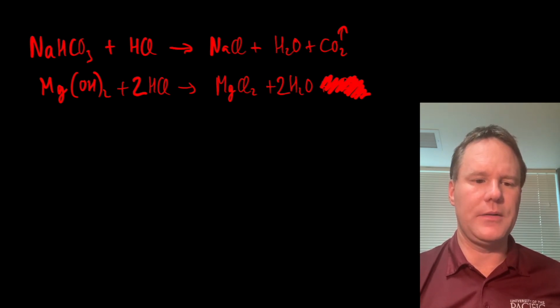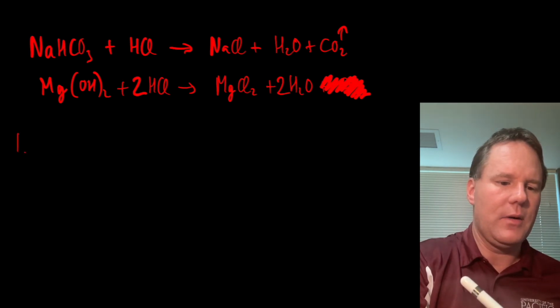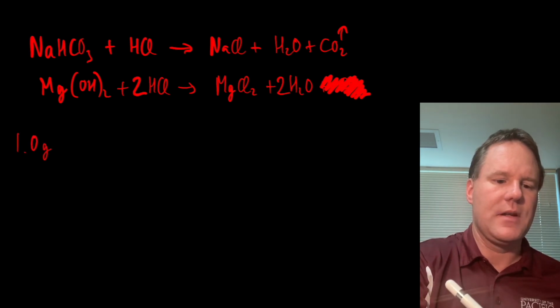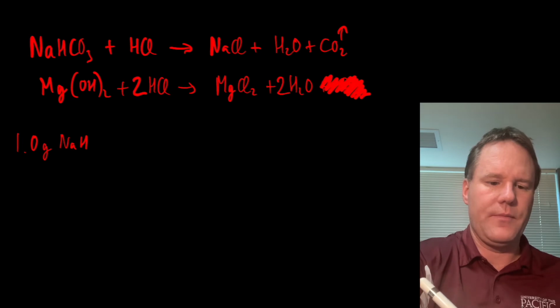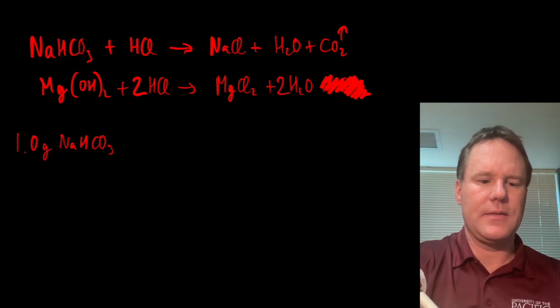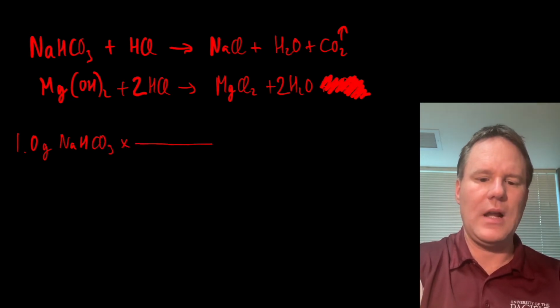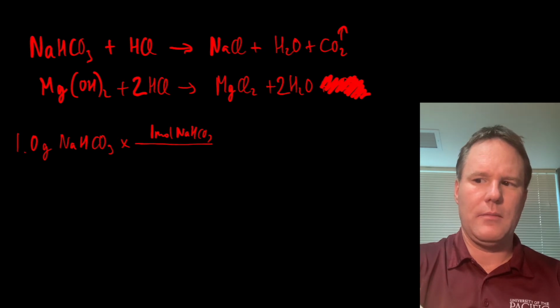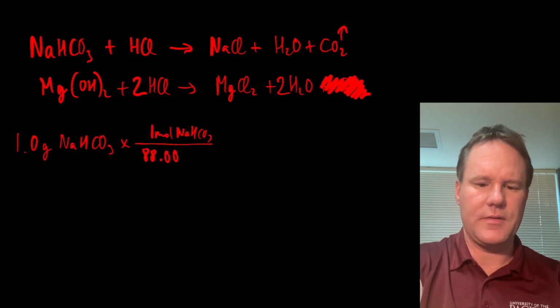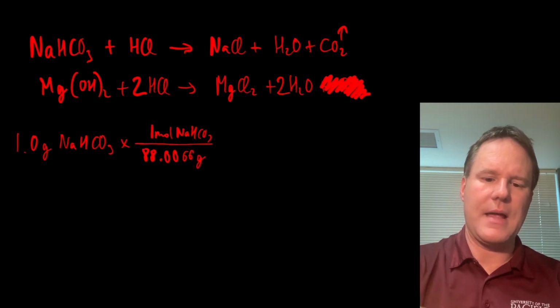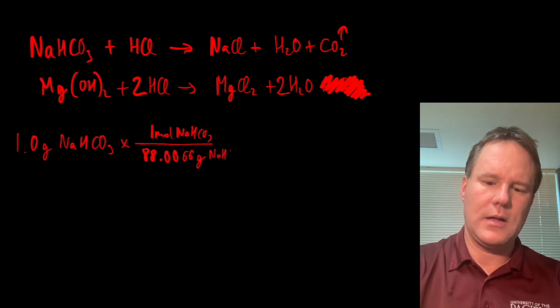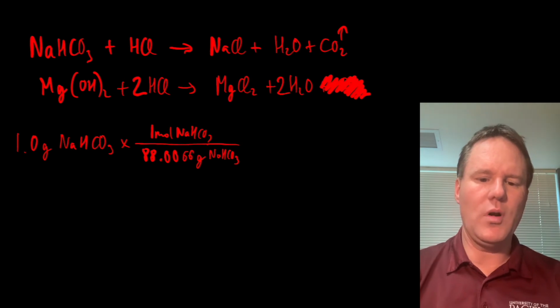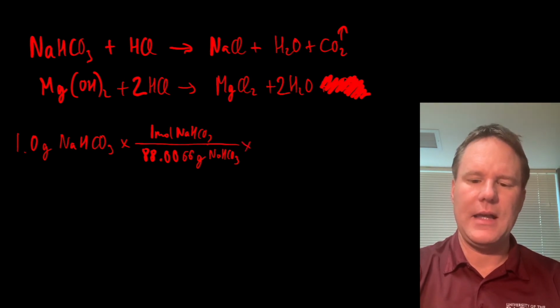And so I would want to start with, let's say, 1.0 grams of sodium bicarbonate. I convert to moles of bicarbonate by using the 88.0066 grams of sodium hydrogen carbonate per mole of sodium hydrogen carbonate.